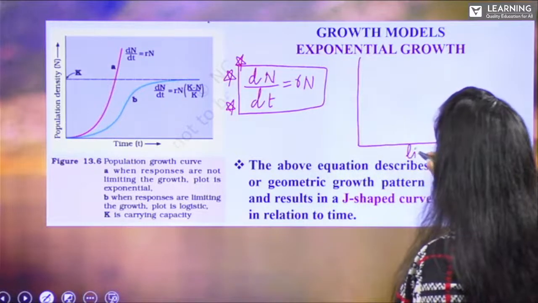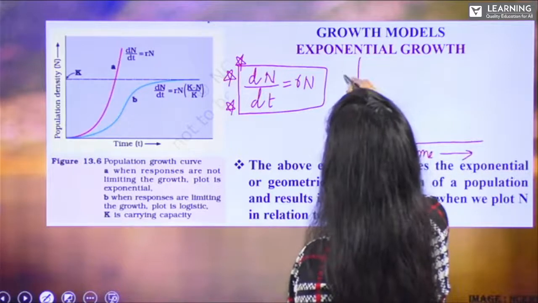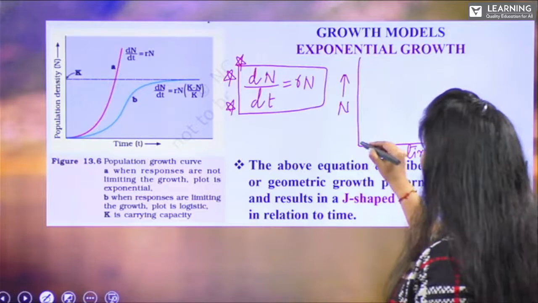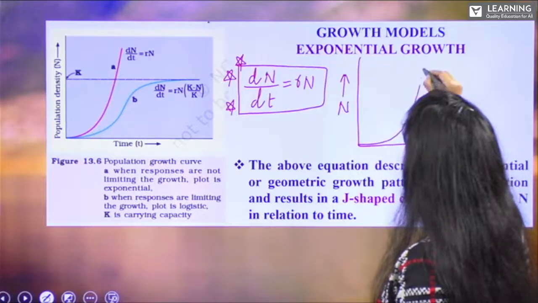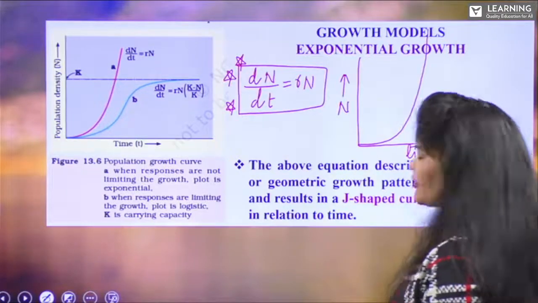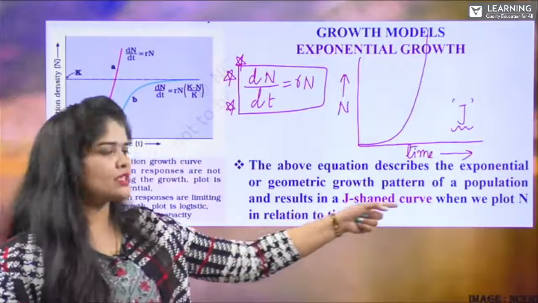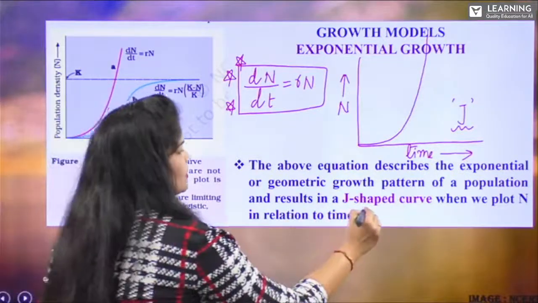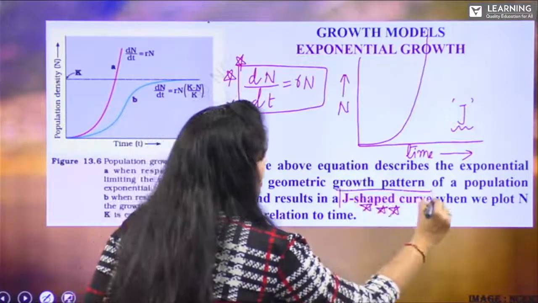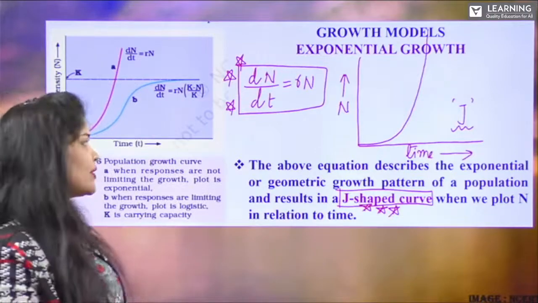If you take time versus population density, the exponential growth will give you this curve, and it is very close to a numerical J-shaped curve. This is also important. The exponential growth model gives a J-shaped curve, which is very, very important.